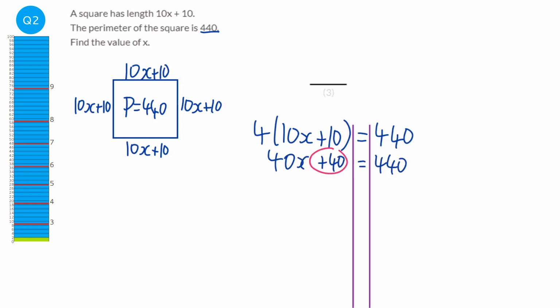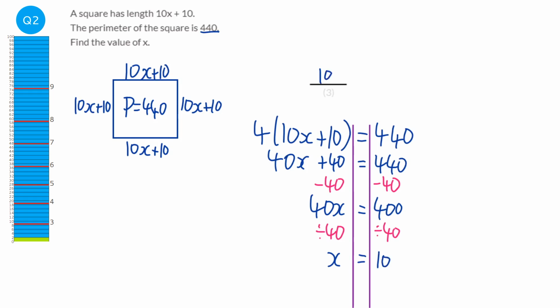Then we're going to get rid of the plus 40 first, so take away 40 both sides, and so that'll be 40x equals 400. And then we get rid of the 40 before the x, so we divide both sides by 40. And we've got x equals 10. So our answer is 10.